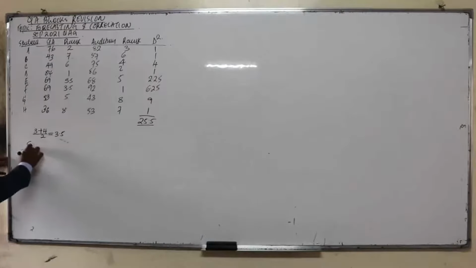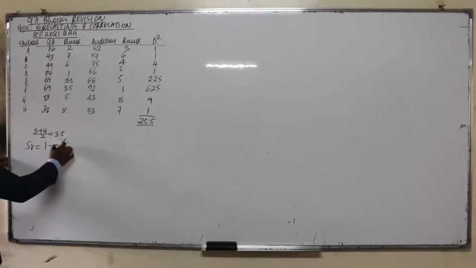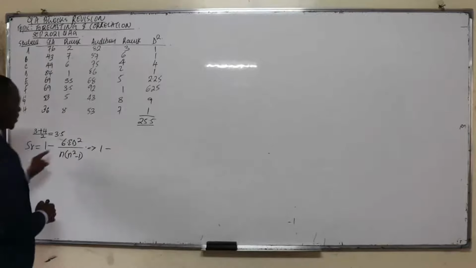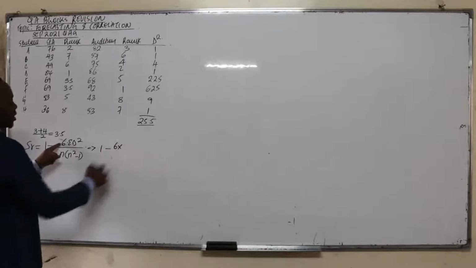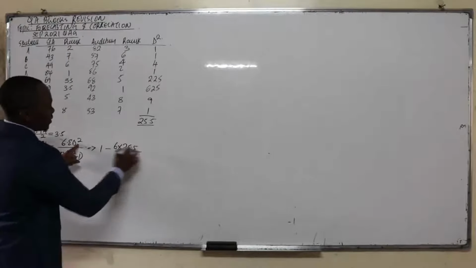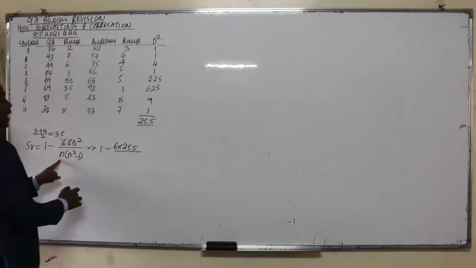So Spearman's rank is 1 minus 6 summation of d squared divided by n squared minus 1. So it will be 1 minus 6 times summation of d squared, which is 25.5. Then you divide by n.